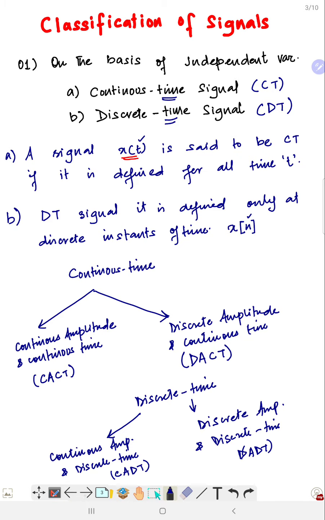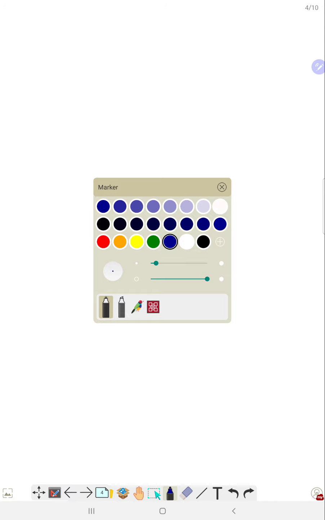There are some processes that we do on continuous time signals to get a digital signal. We don't need to analyze those deeply right now, but we will quickly go through what the processes are.